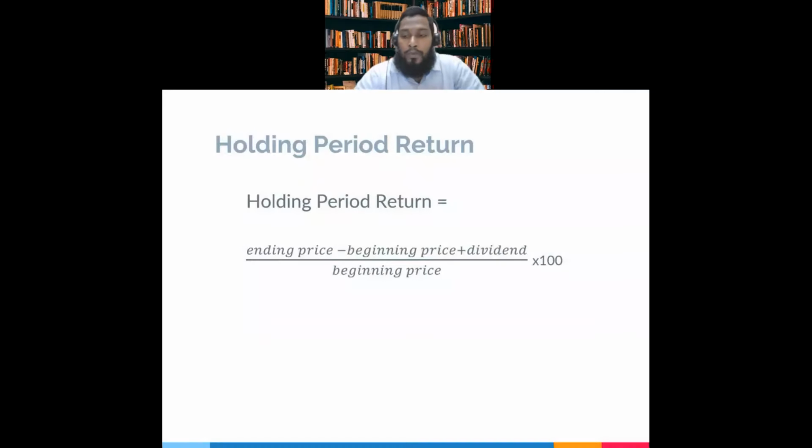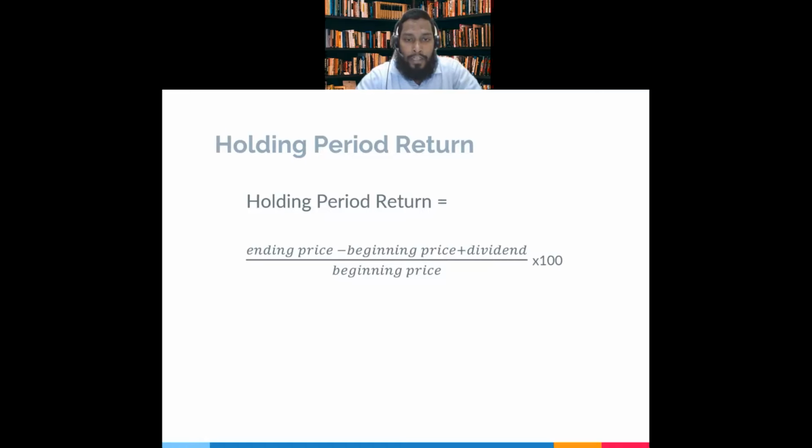So now we have something called holding period return, which means if we hold an asset for a certain time and want to know the return in that period, the calculation will be the ending price minus the beginning price, plus the dividend that we receive during the period we hold the asset.